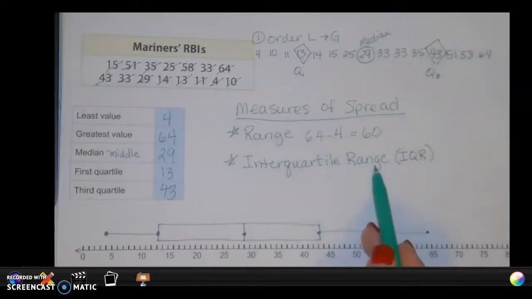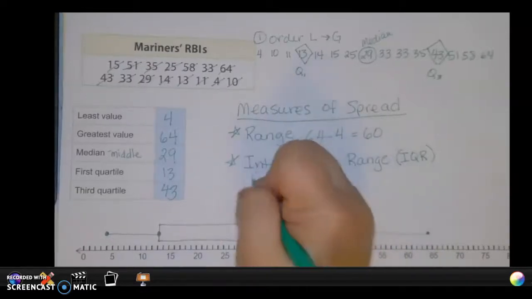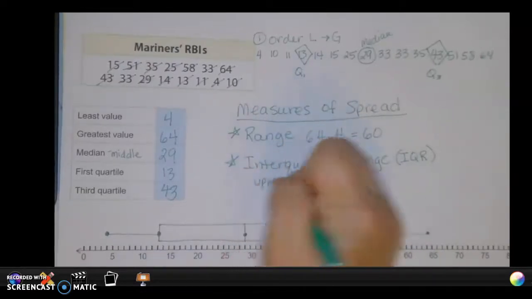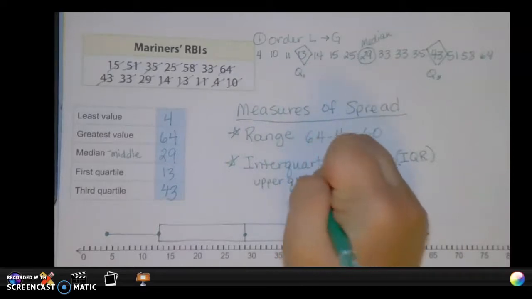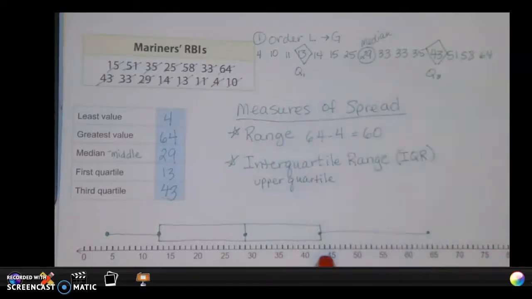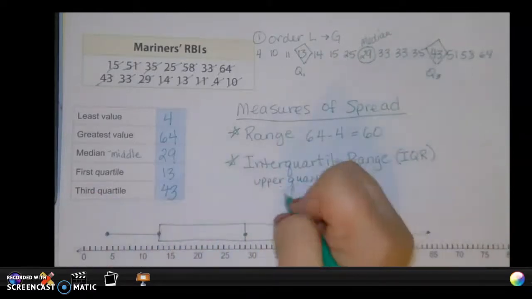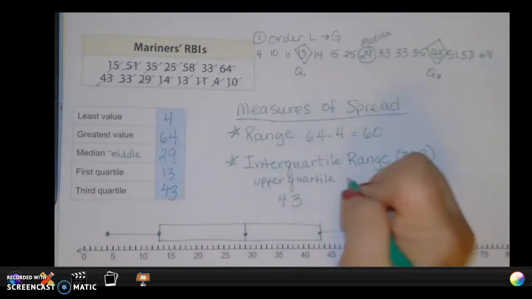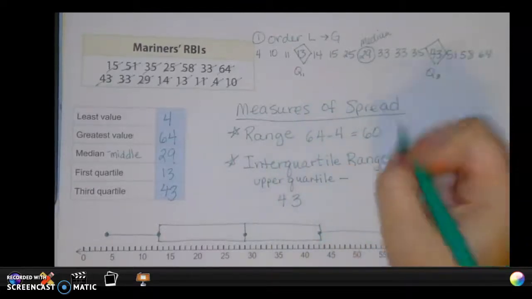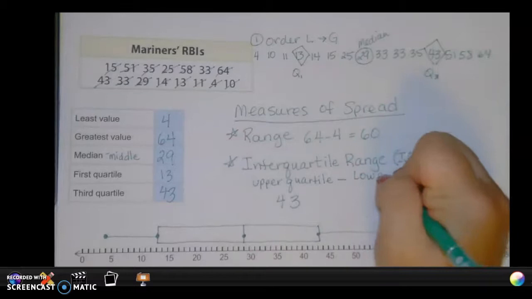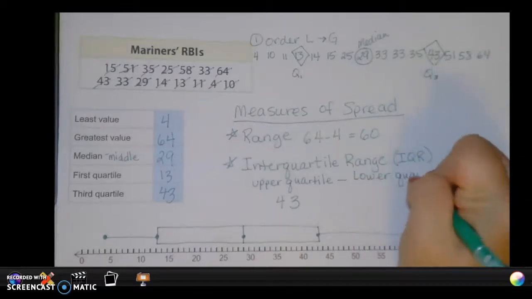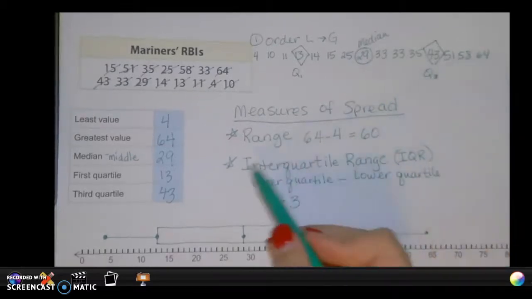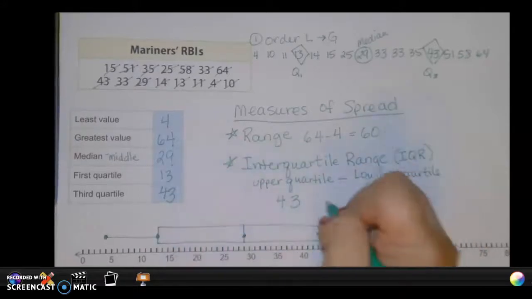It's the range, which is the difference between the greatest amount and least amount of the quartiles. So you take your upper quartile, which in this case is my third quartile, 43, and subtract the lower quartile, which is 13.